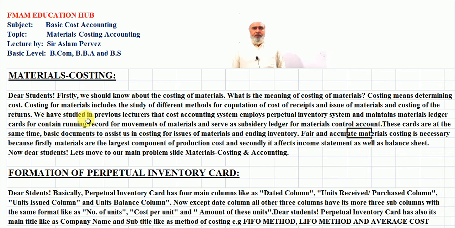We have studied in previous lectures that the cost accounting system applies the perpetual inventory system and maintains materials ledger cards that contain a running record of movements of materials and serve as subsidiary ledgers for the materials control account.